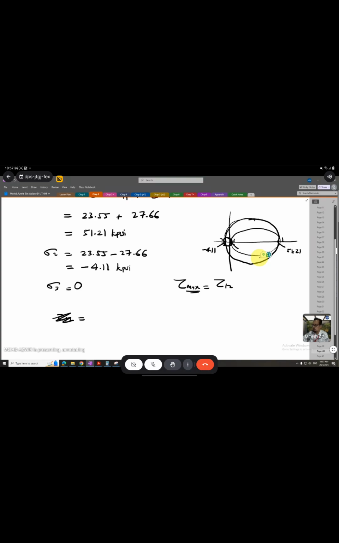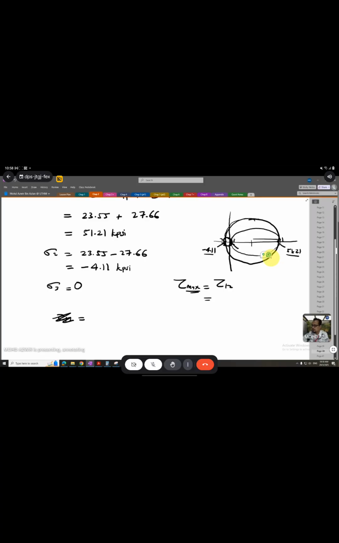So you just need to find tau 12, which is sigma 1 value minus sigma 2 value. Actually, you get the diameter of the circle. And if you divide this diameter into half, you get the radius.